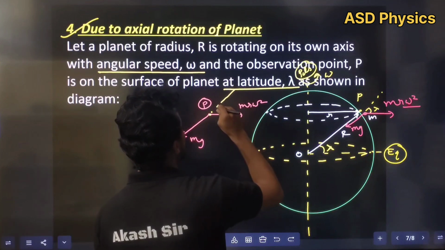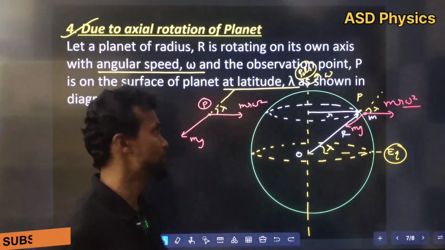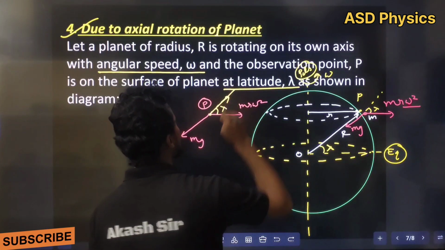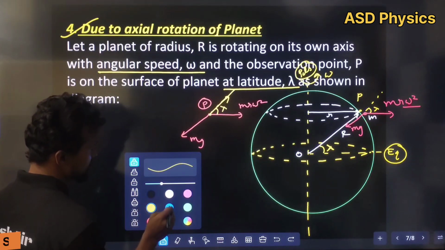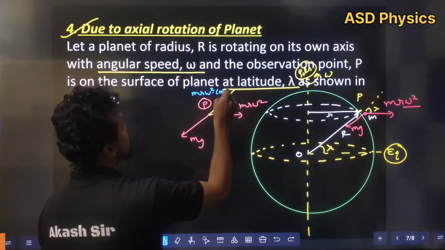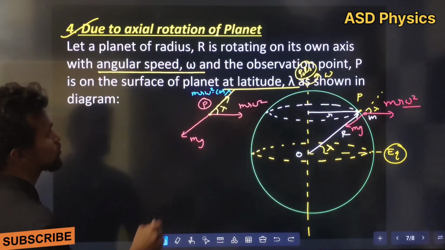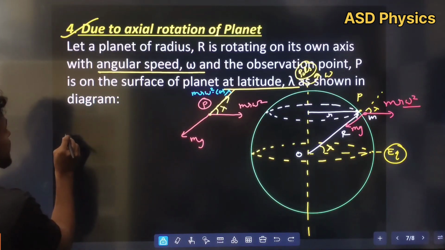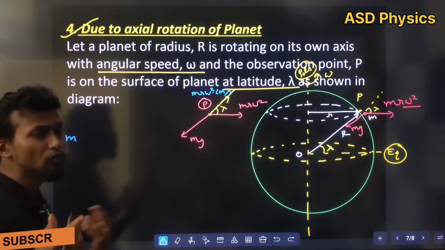Now let me draw here. This angle how much here? The lambda here. Okay, so now this side component how much here? Tell me please here. So this side component will be how much, students? m r omega square cos lambda, is it? So now at point P, the resultant force, no?